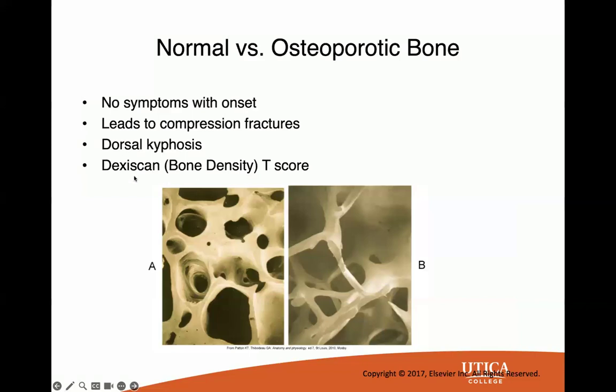So our goal here is to do a form of screening for certain sections of the population and those at high risk so that you can minimize the opportunity for things like fractures or falls or what have you. So osteoporosis is what's being represented in this picture.